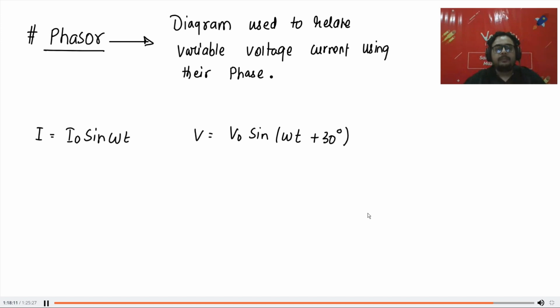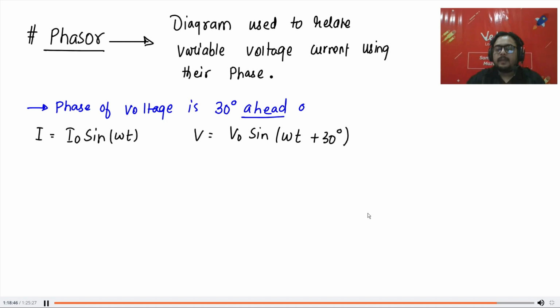Different. Which quantity has more phase, current or voltage? So in this example, phase of voltage is 30 degree ahead, आगे, of current. Can I write this?